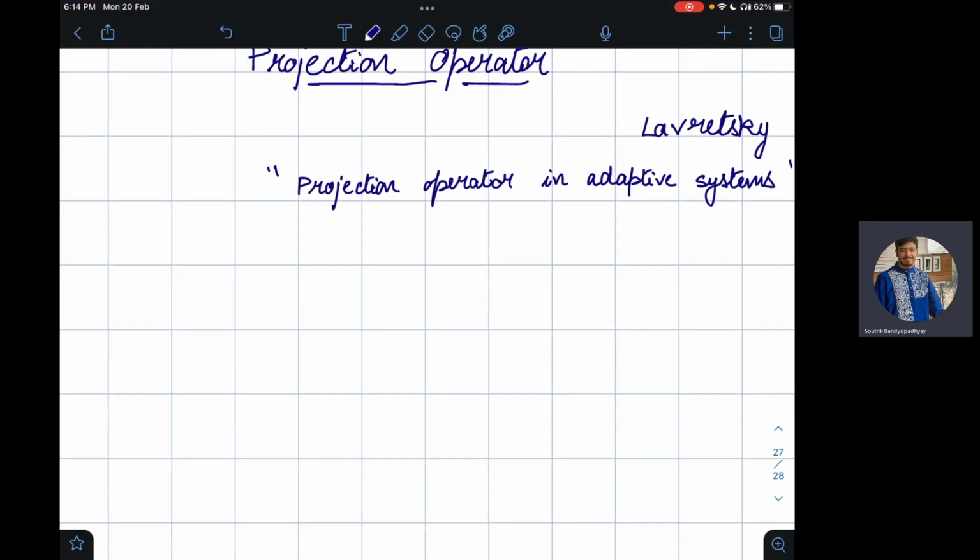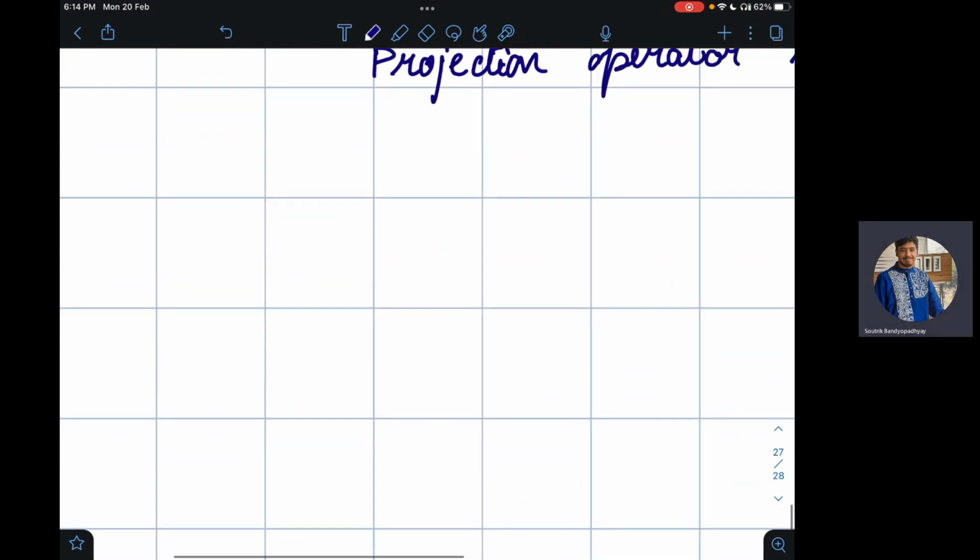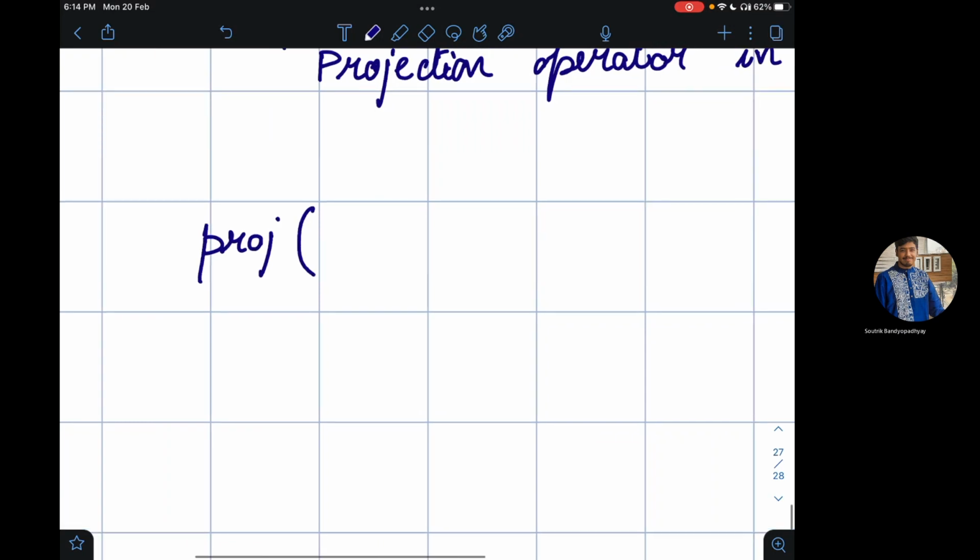In general, there is this thing called projection operator, which takes in as an input three things.